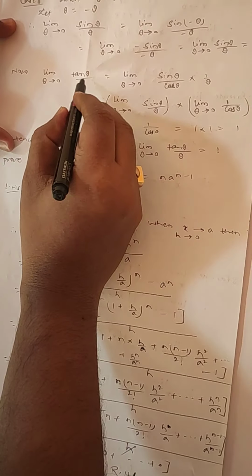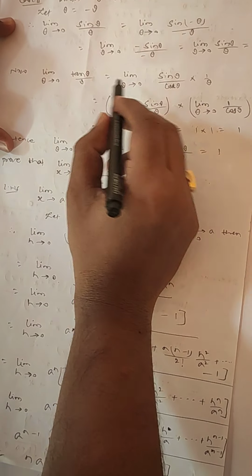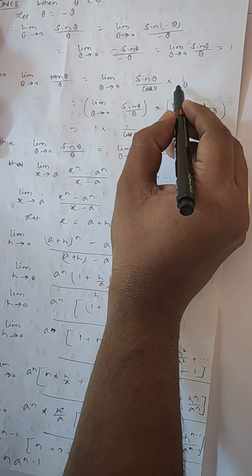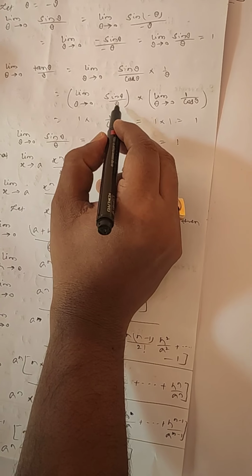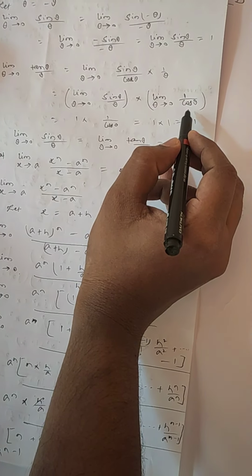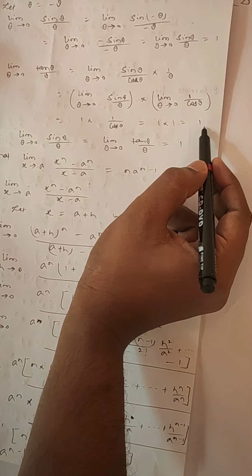Now limit theta tends to 0 tan theta by theta. We can write tan theta as sine theta by cos theta into 1 by theta. Limit theta tends to 0 sine theta by theta into limit theta tends to 0 1 by cos theta, and this equals 1, and cos 0 is also 1.